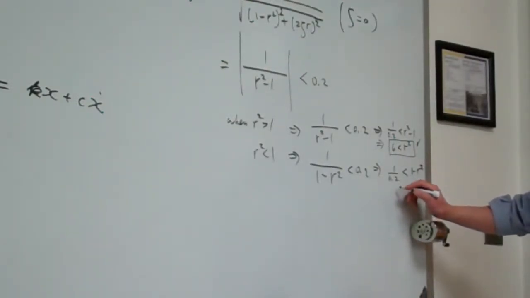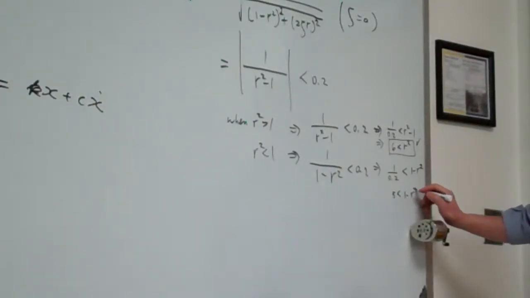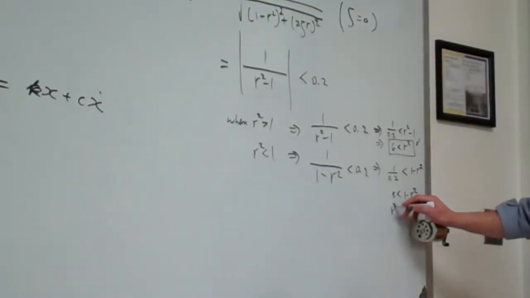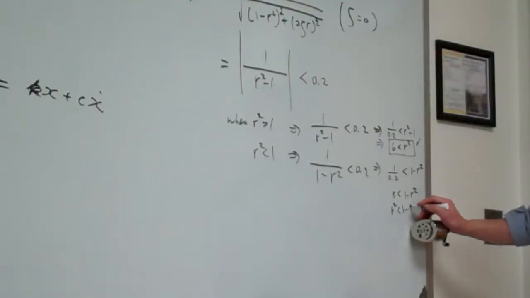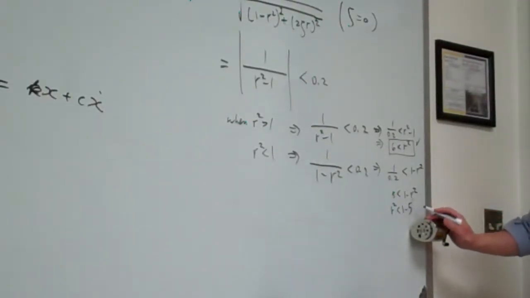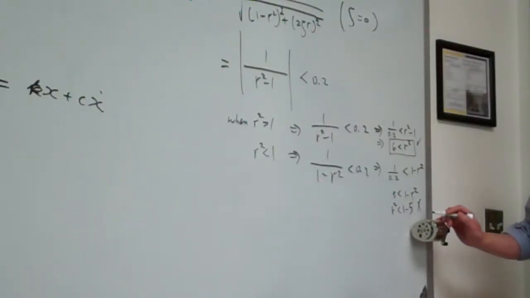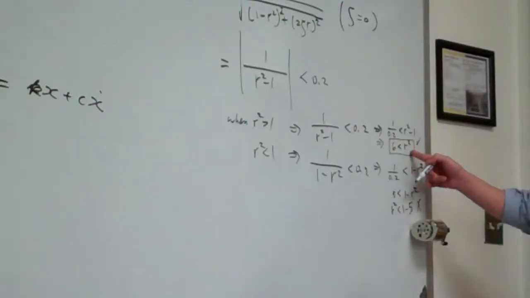So that means 5 is less than 1 minus r squared. So r squared is less than 1 minus 5. Well, that's negative. So the only possible r is 0. So this one probably we don't consider. So that is the calculations.